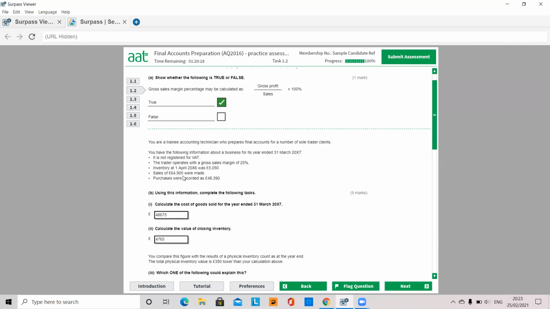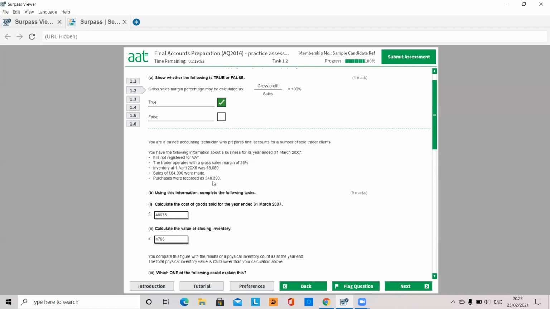So again, sales minus cost of sales equals gross profit. So if you write those down, again, when I'm in class, I draw these on the board, so it's much easier. So anyway, 64,900 minus the gross profit figure, which is 16,225, gives you 48,675, okay?